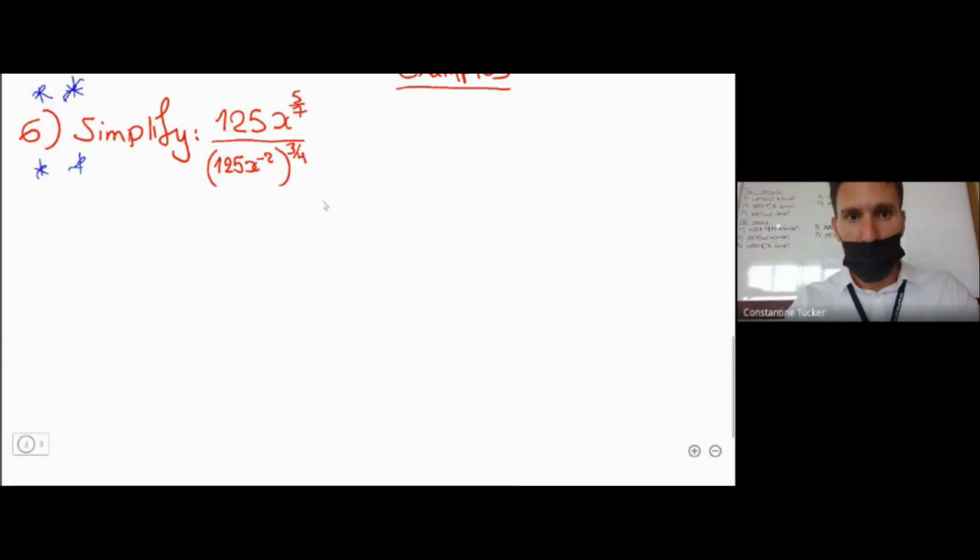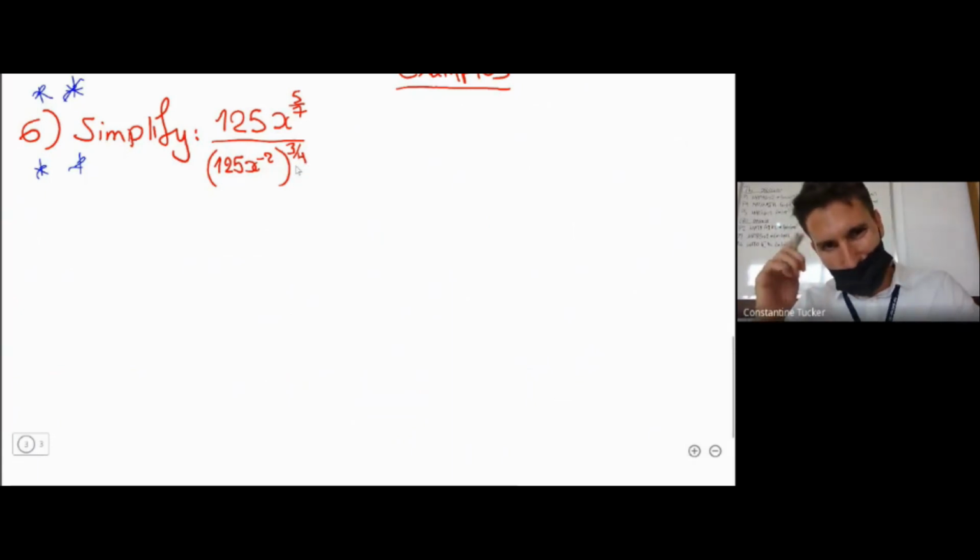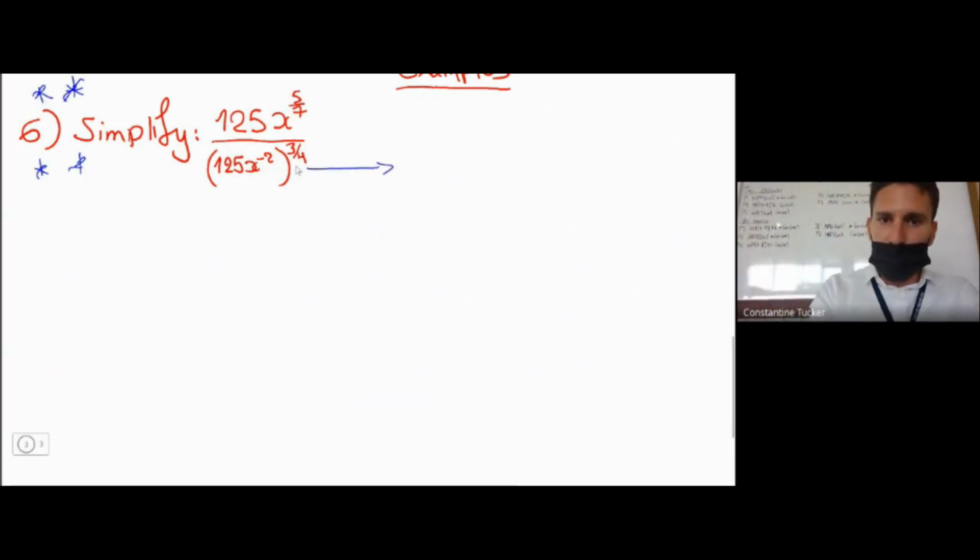So here we've got 125x to the power of 5 over 7. We can't do much about this, but there is something underneath, which is 125x to the minus 2 and all that to the 3/4. So you're like, what do I do here? Well, for this denominator, we use the same rule as before: a times b, and all that to the power of n, is a to the power of n times b to the power of n.